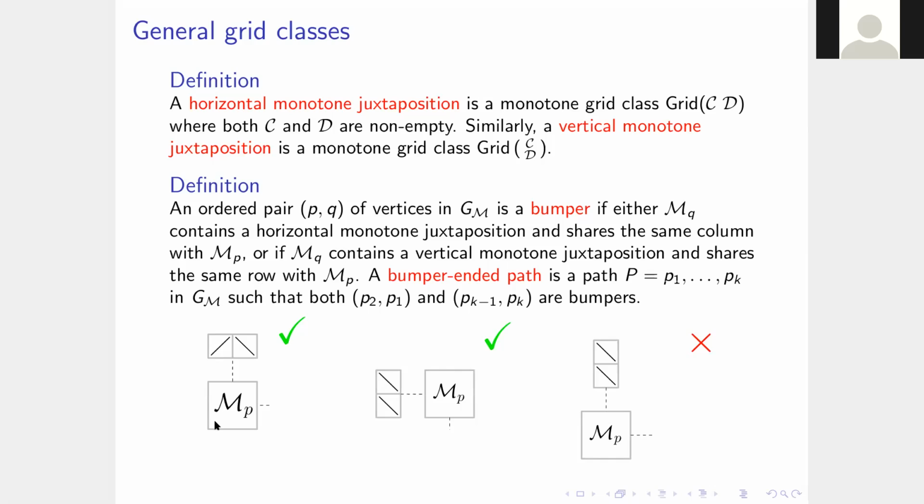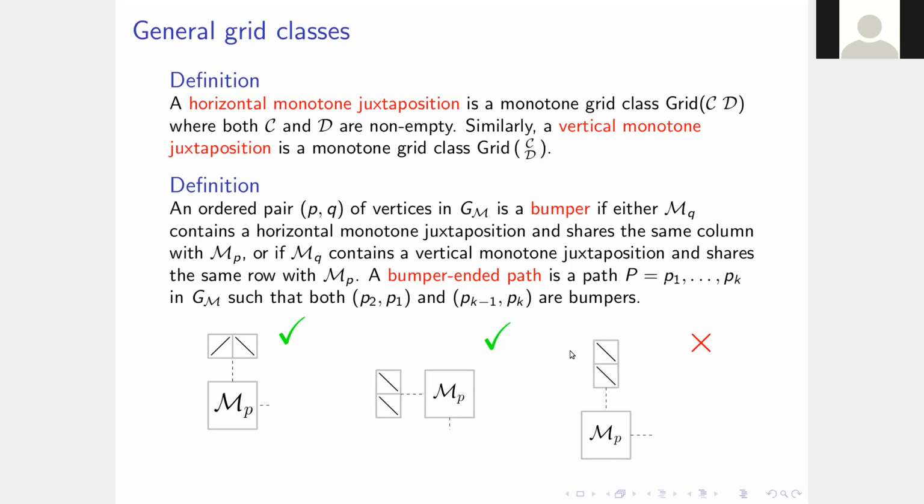So down here, we can see 2 examples of bumpers on the left and in the center. The entry corresponding to PQ contains a horizontal monotone juxtaposition and they share the same column. In the center, it contains the vertical monotone juxtaposition and they share the same row.